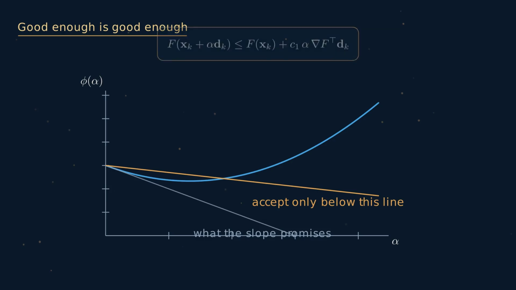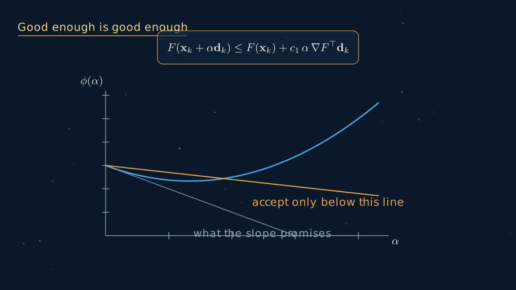Nobody expects the full promise to be kept. The sufficient decrease condition asks only for a small fraction of it, a gentler line that the true cost must stay under. This is the Armijo condition, and in practice that fraction is tiny, around 1/10,000th.